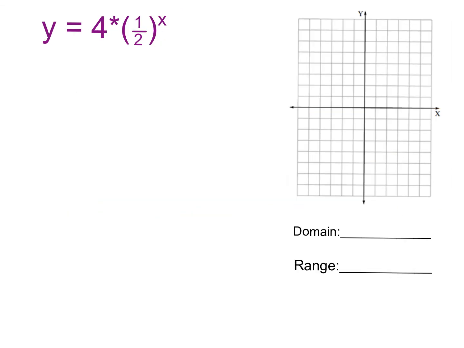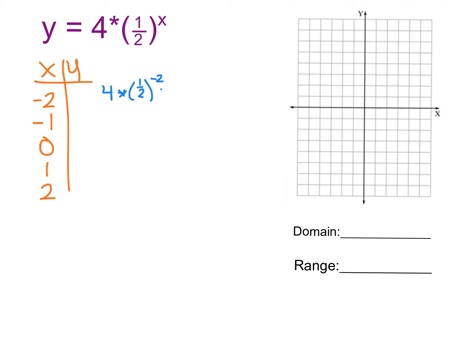And third and final example here. So let's make our table. We have -2, -1, 0, 1, and 2. So let's calculate our points here. So we have 4 times 1/2 to the power of -2.